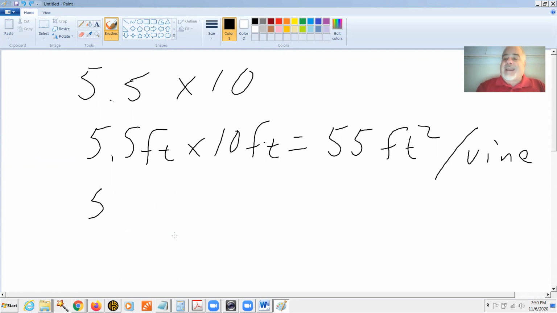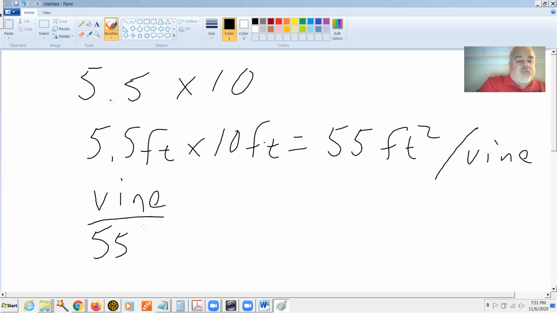What's my answer? I need the number of vines. That's the question, right? I was going to answer a different question. But if I know that each vine occupies 55 square feet, I've put vine in the top intentionally because I'm asking a question about how many vines. Vine has to be in the top.